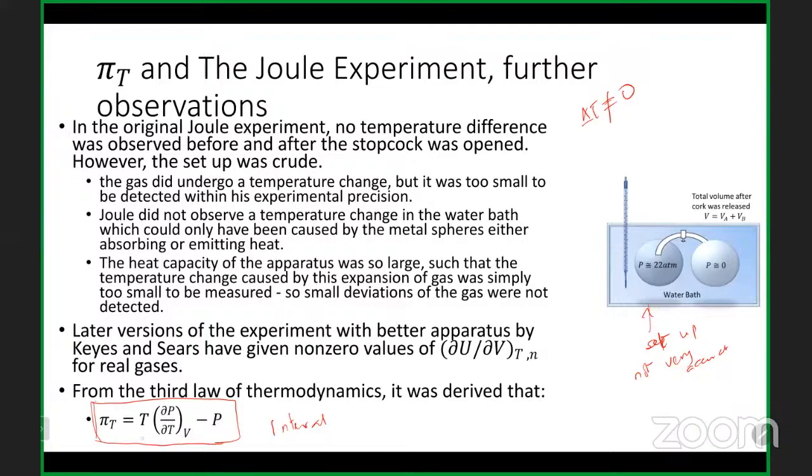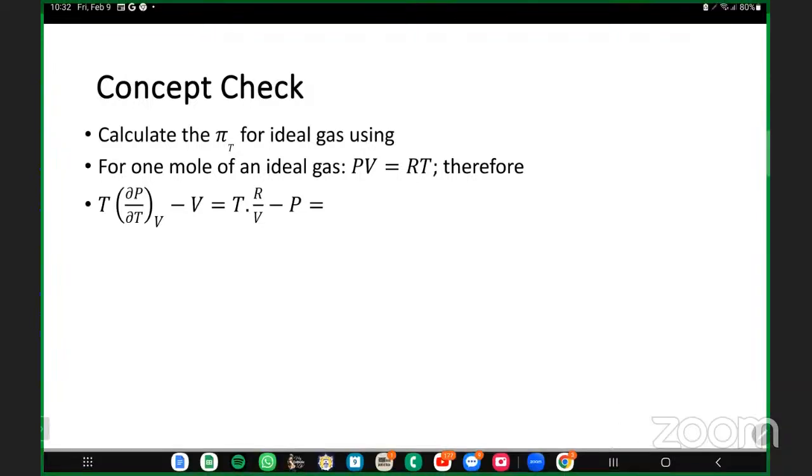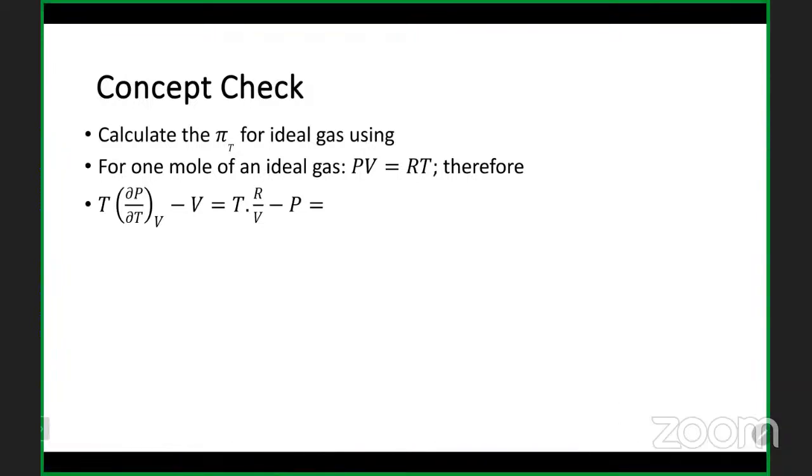If you use this with the equation of state PV equals nRT for 1 mole, you can calculate pi T for an ideal gas.